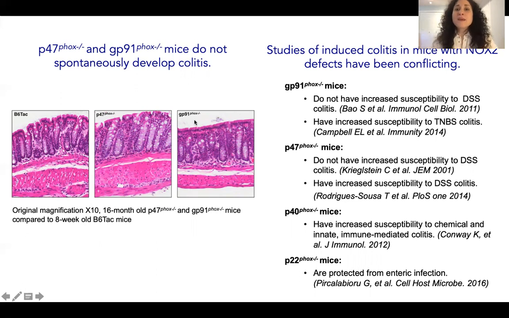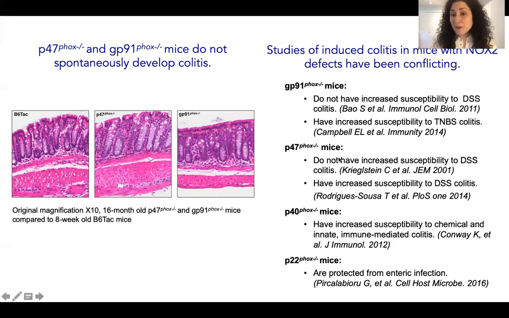On the other hand, studies of induced colitis in the context of mice with CGD have been conflicting. Some studies in GP91 knockout mice have shown that they do not have increased susceptibility to at least DSS colitis, while another has shown that there is increased susceptibility to TNBS colitis, another chemical colitis model.